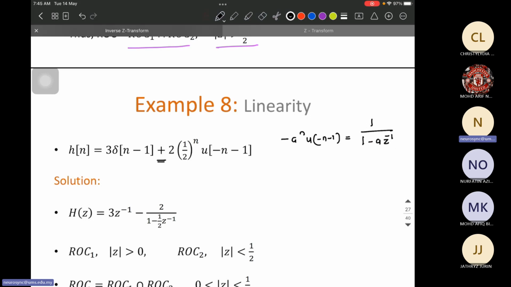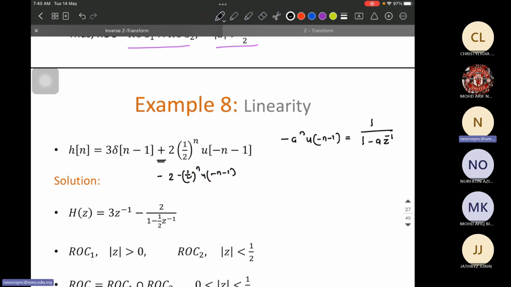Here, this is plus, so we can take the minus outside and write it as minus 2 into minus of 1 by 2 to the power n u of minus n minus 1.